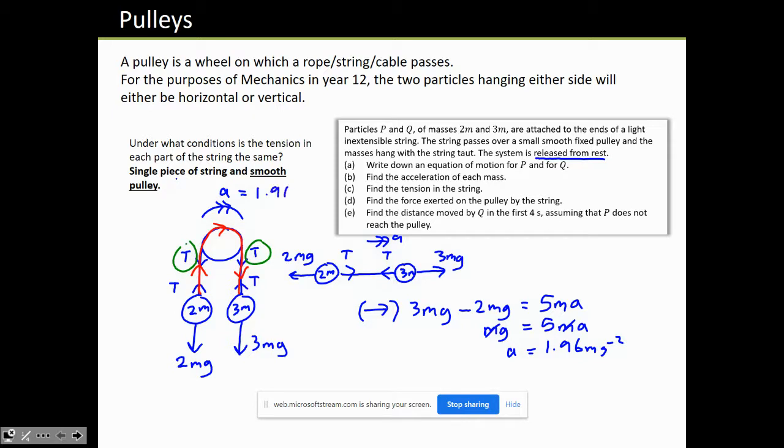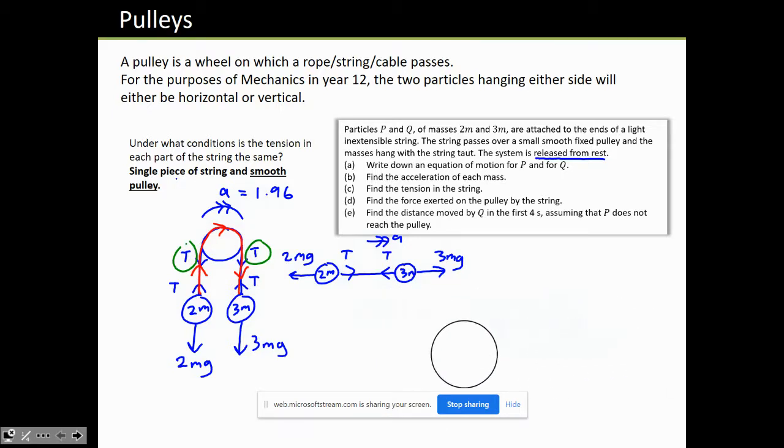So if I label that on my diagram, if I now go back to considering just the left-hand side, then I have, because I'm continuing to take the direction of the acceleration as positive, T take away 2mg equals, now my mass of the left-hand side is 2m, and my acceleration is 1.96, which we've just calculated.